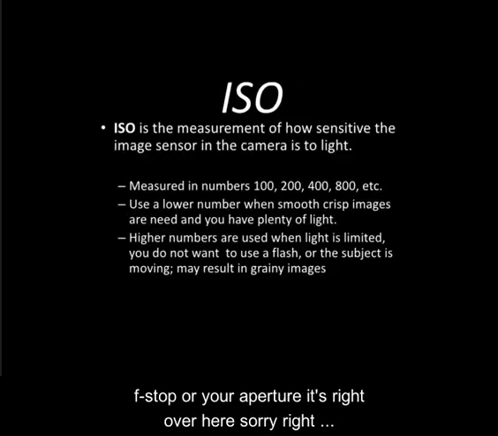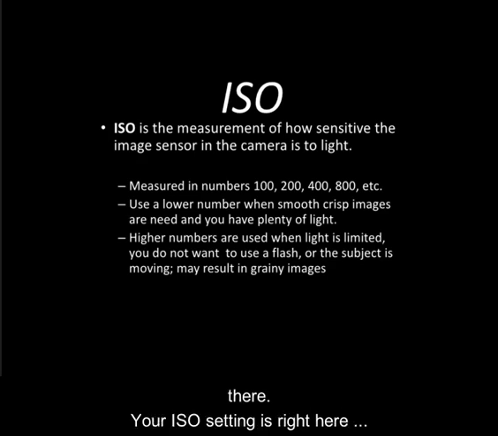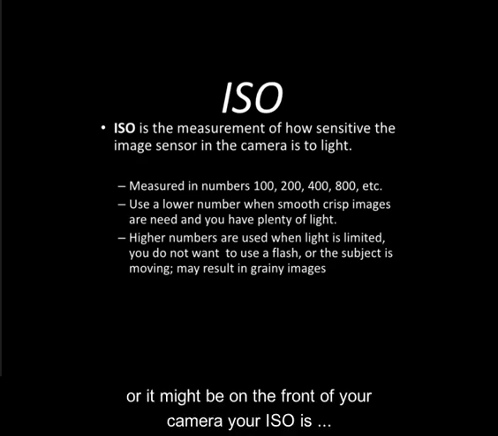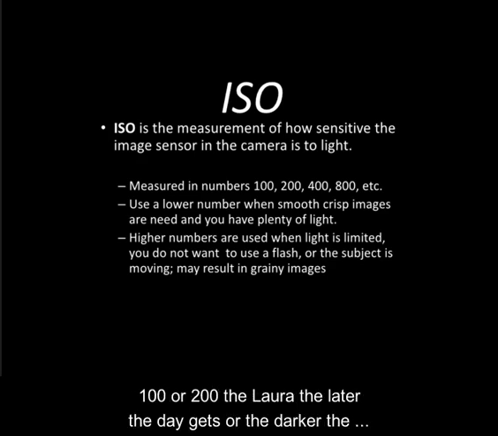Your ISO is responsible for how sensitive the image sensor in the camera is to light. So a normal day ISO is between 100 or 200. The later the day gets, or the darker the day gets, you would have to adjust your ISO to 400, 800, 1600.